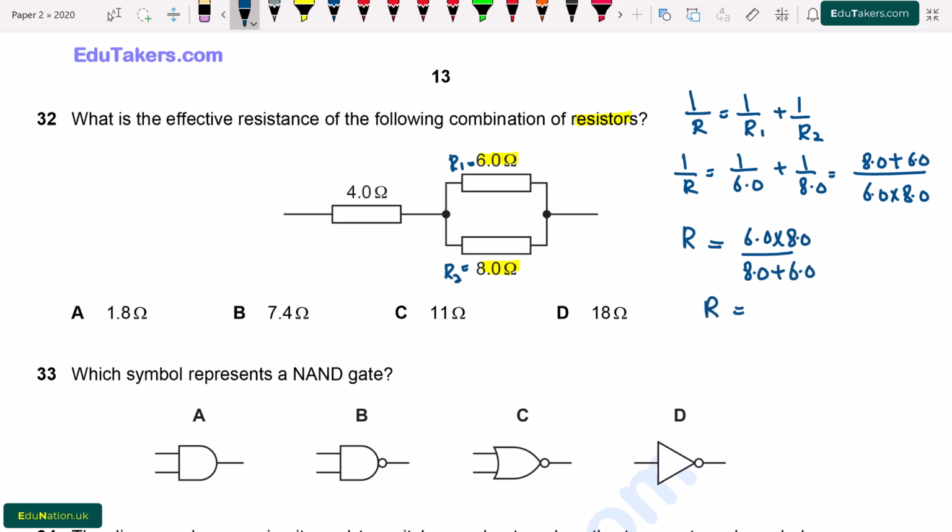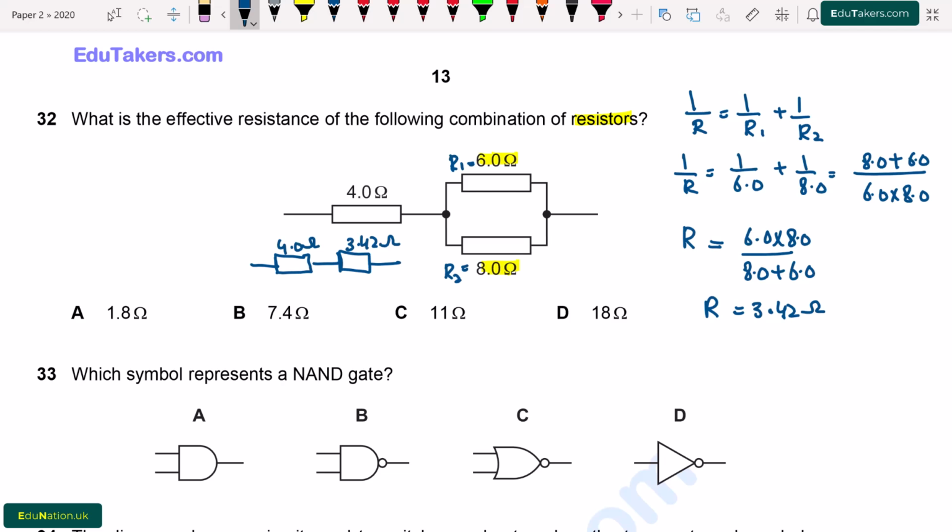So this R is basically equal to 3.42 ohm. It means that it is 4.0 ohm and this parallel combination is 3.42 ohm.